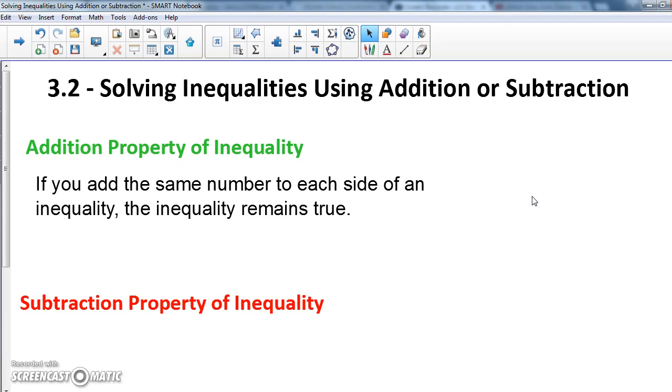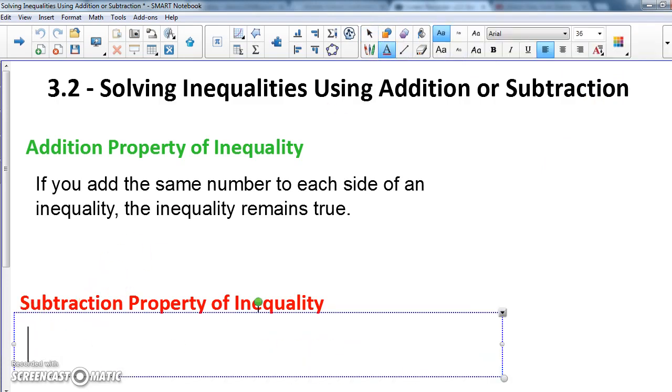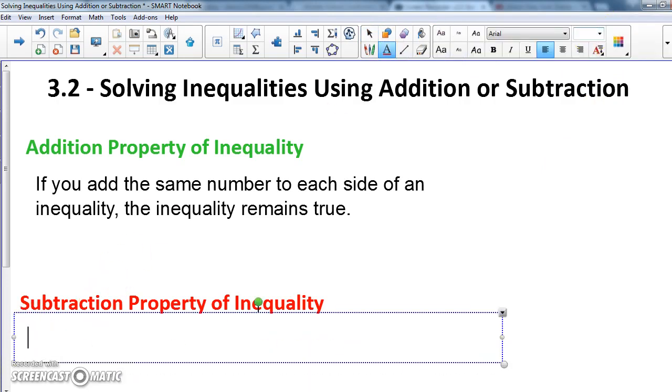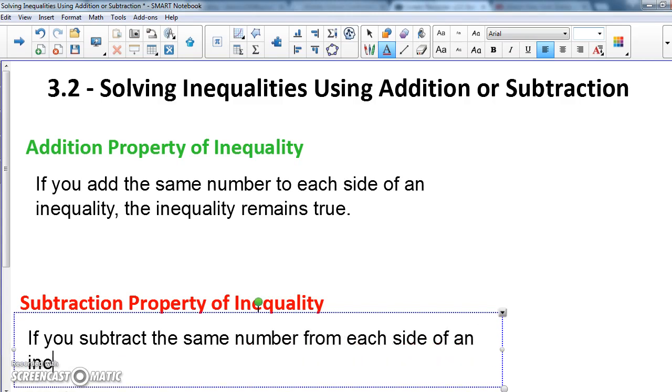Okay, and then conversely, the subtraction property of inequality is almost the same. So if you subtract the same number from each side of an inequality, the inequality remains true.